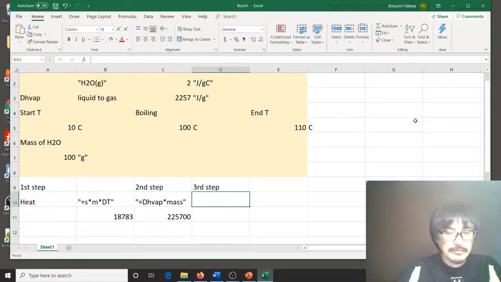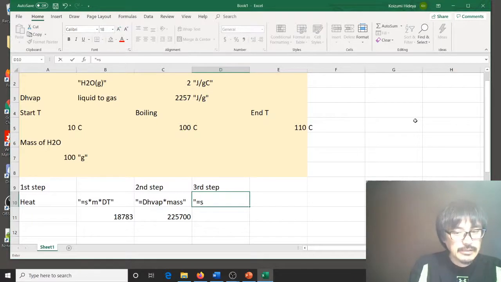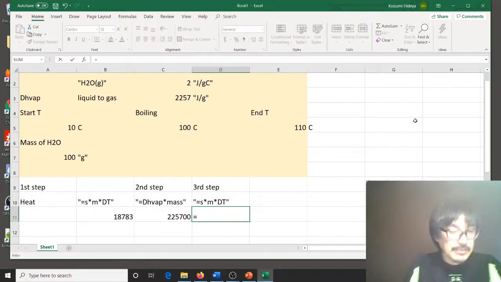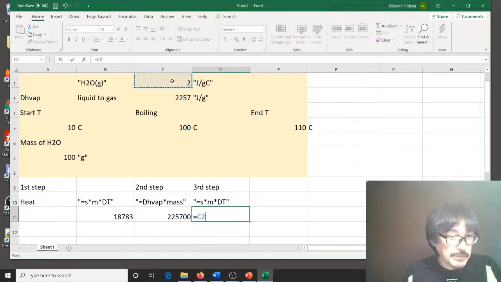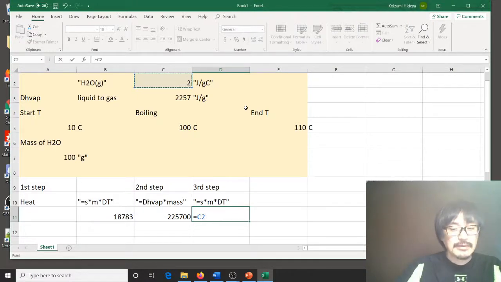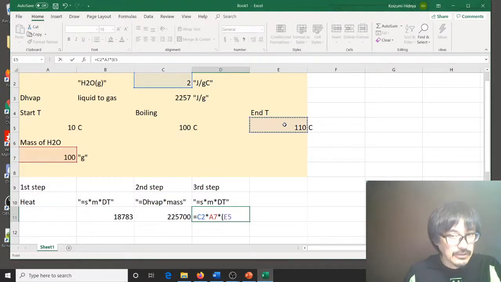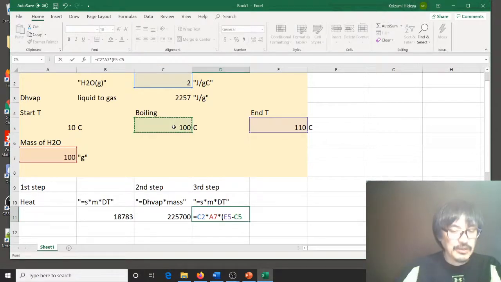So once again, we are going to use the same formula of specific heat multiplied by mass multiplied by change in temperature, but the specific heat is different this time around. It's the specific heat of the gas, right? Multiplied by the mass, multiplied by the change in temperature. The final temperature for the third step is 110 minus the initial temperature for the third step, which is 100.